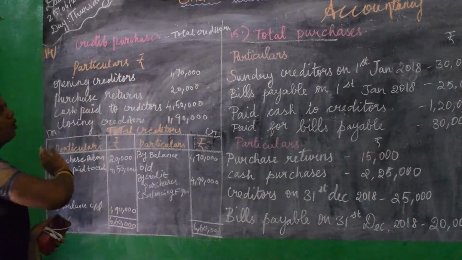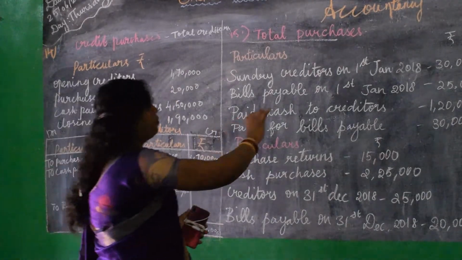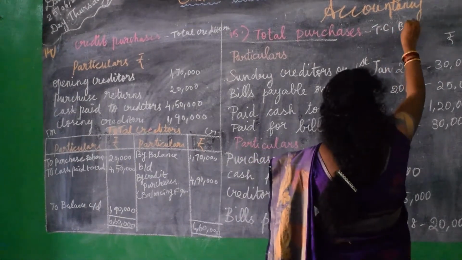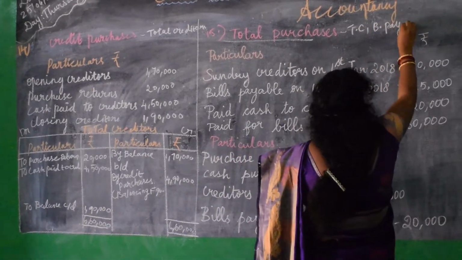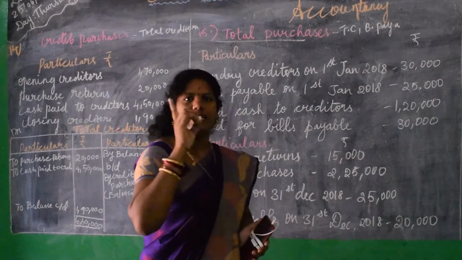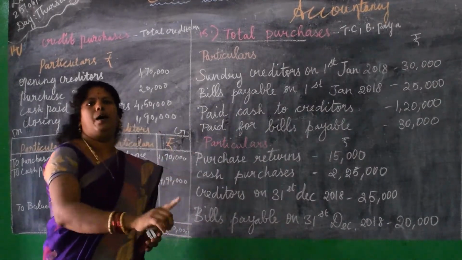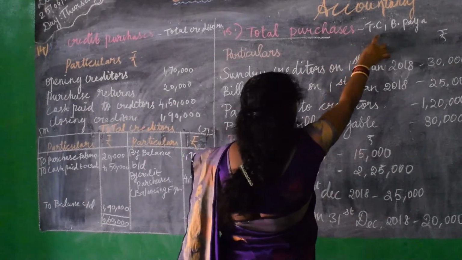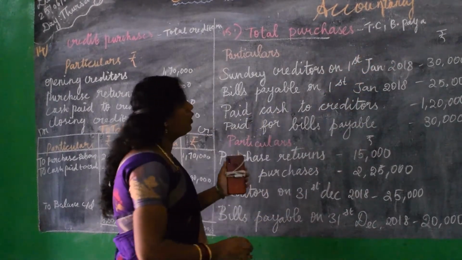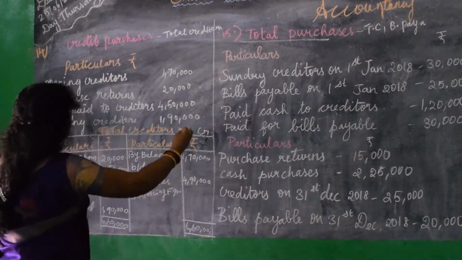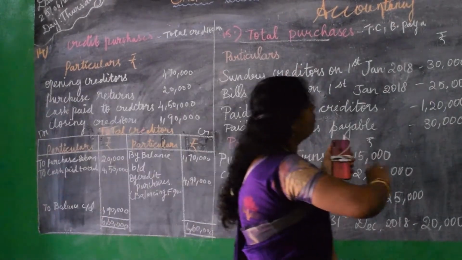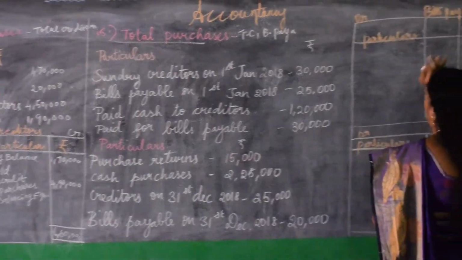Now listen, total purchases means we are going to find the total creditors and bills payable. Debtors is connected with sales and bills receivable, and purchases is connected with the total creditors and bills payable. We are going to follow the same procedures we followed in finding the total creditors, the same procedure for preparing the bills payable.